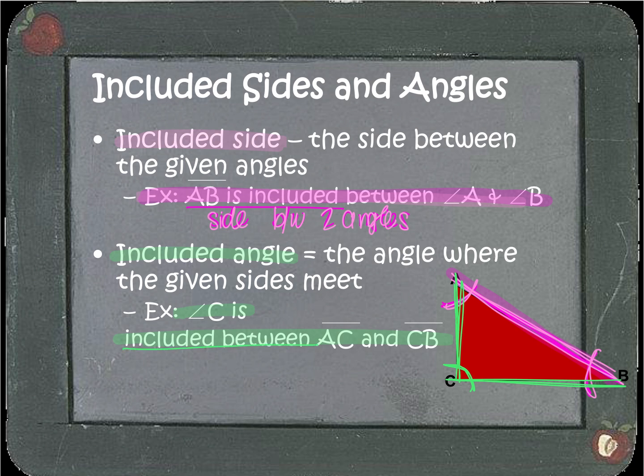It's the angle between two sides. You could also think of it as the two sides that make the angle. Those two sides are going to make angle C when they meet. So that's the included angle.